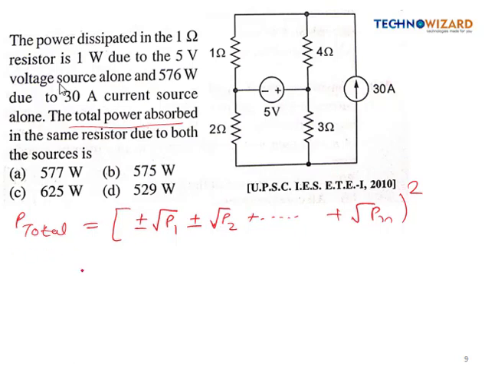Here P1 and P2 are given, so we'll simply put the values. So it will be (plus minus 1 plus minus root 576) whole square.